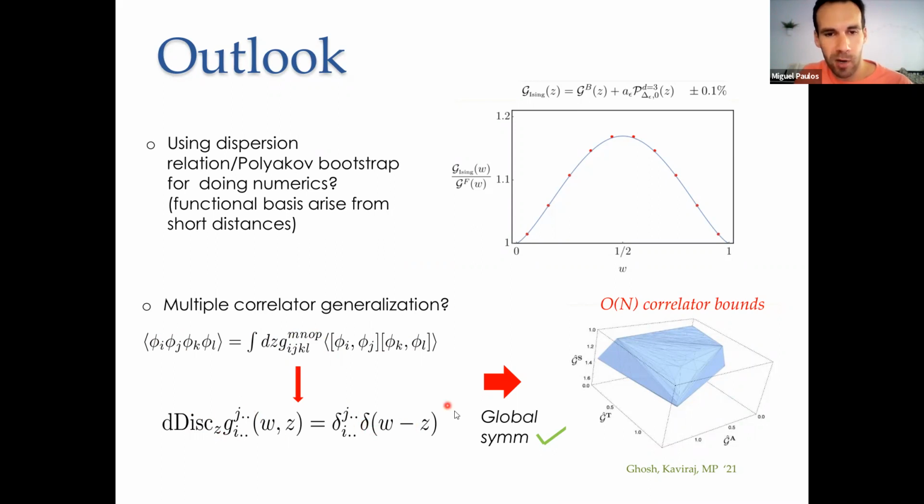So I did this in my original paper, and recently we showed that this logic is correct in the case where all fields are related by global symmetry in 1D. So this is work with Kaushik Ghosh and Apratim Kaviraj, and we even got some nice bounds for O(N) theories, correlator bounds again at the crossing symmetric points.